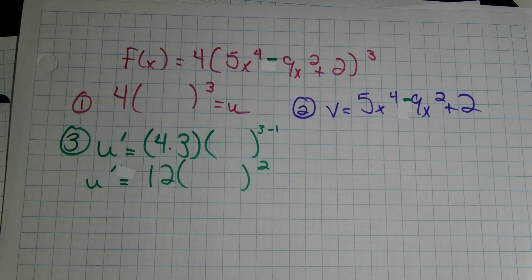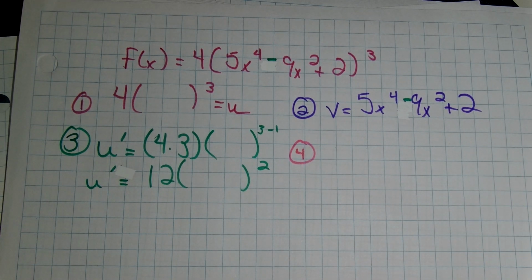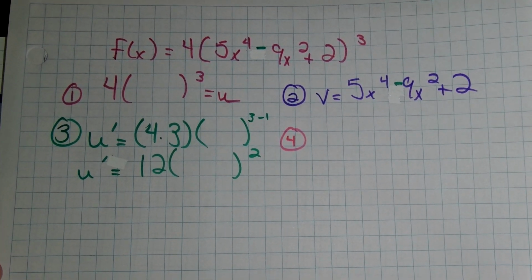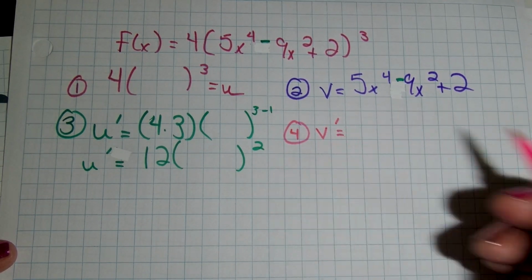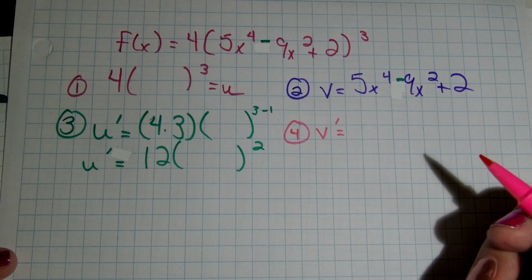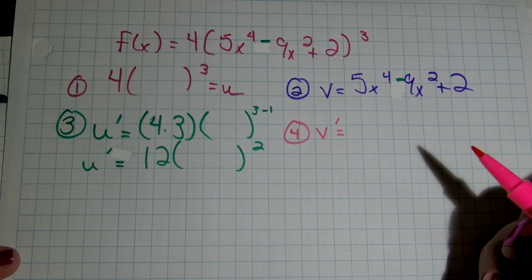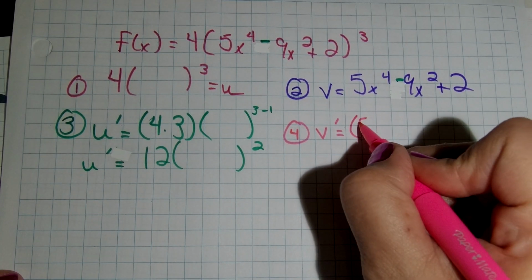All right, next step. What is the next step? Find v prime. How do we do that? Keep going, Jaira. 5 by the exponent. Okay.